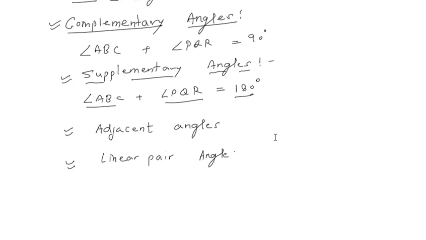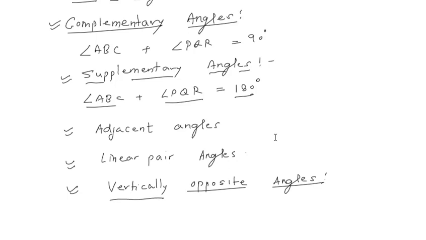This also we have just discussed. And one more pair we have discussed, that is vertically opposite angles. So these are a few basic terms in this particular chapter.